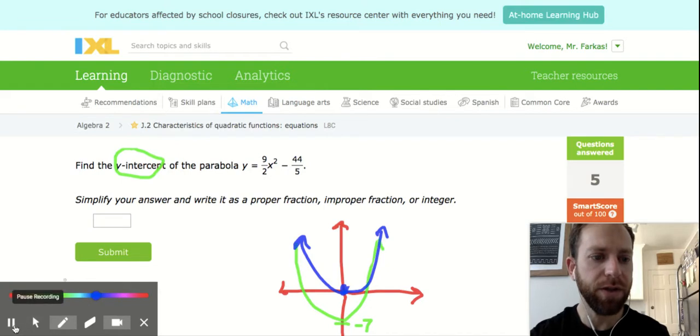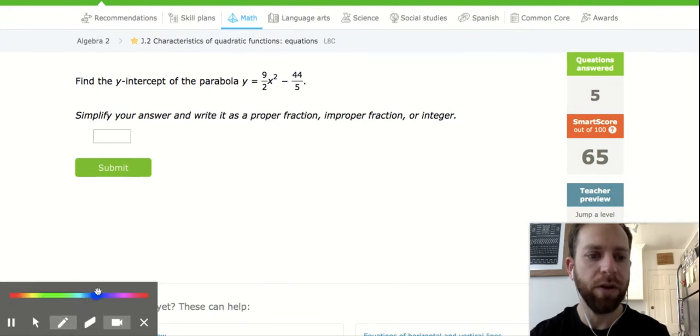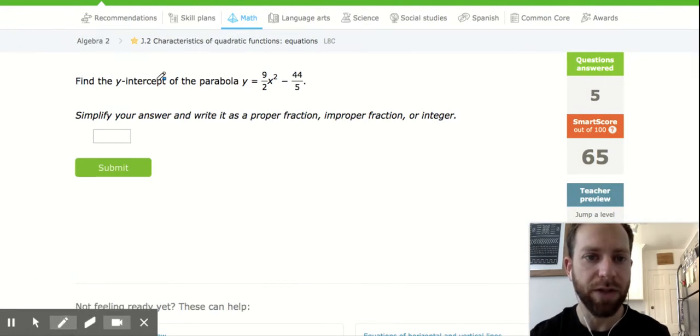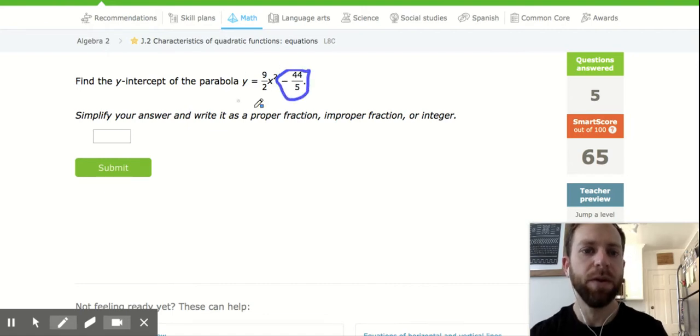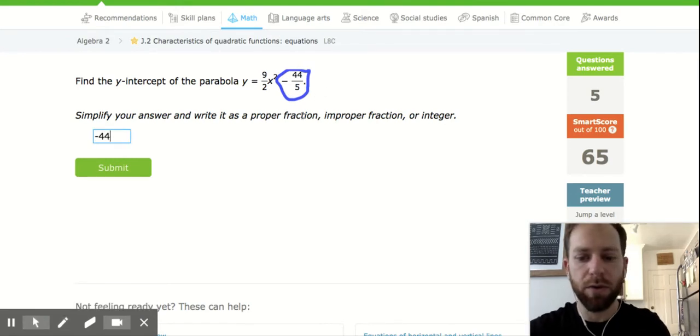All right, as you can see here, it just gets a little bit tricky with the fractions. It's the same thing. We're just looking at the fractions. Now, at this point, you should realize that the y-intercept is actually just this value right here, right? Because this moves it up or down. So we don't need to change it. We just enter negative 44/5.